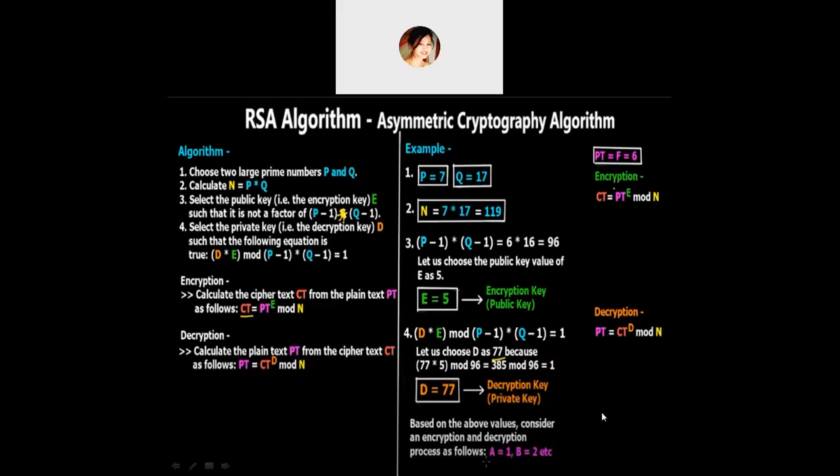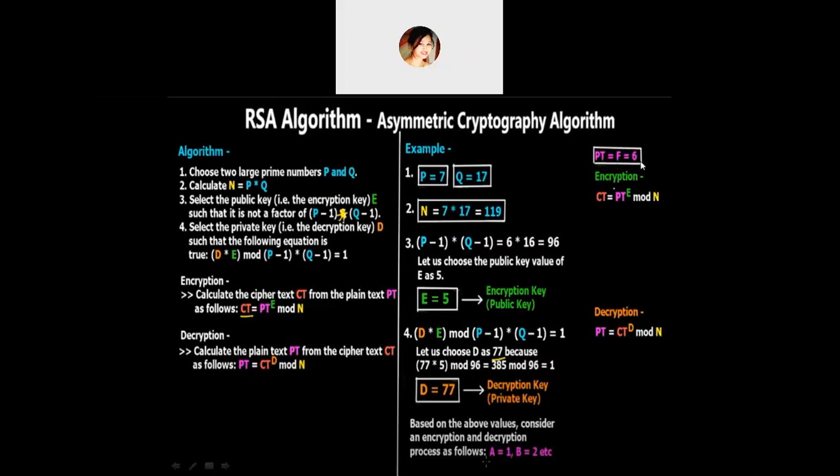We need to convert the alphabets because mathematical calculations are required, and finally we are only using the numeric values, right? So A equals 1, B equals 2, C equals 3 and so forth.